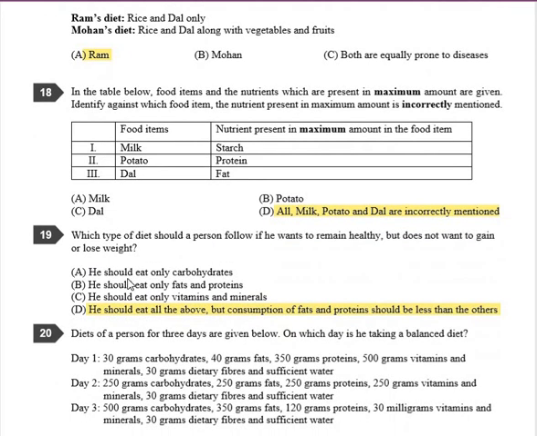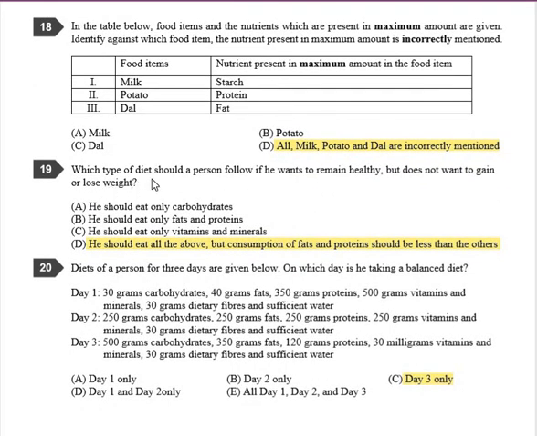Now coming to question number 19. Which type of diet should a person follow if he wants to remain healthy but does not want to gain or lose weight? First option: he should eat only carbohydrate. No. He should eat only fats and protein. He should eat only vitamins and minerals.